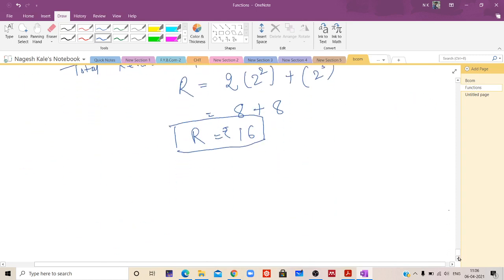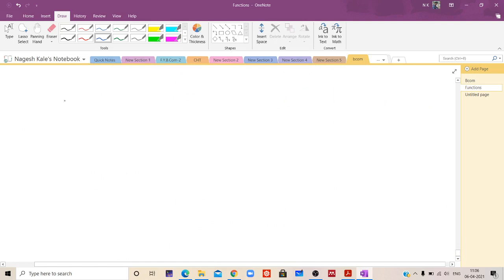Let us try to understand this concept in more detail. Okay, so I'm writing the next question here. Find total revenue if D is equal to 5 plus p plus p square at p equal to 3.